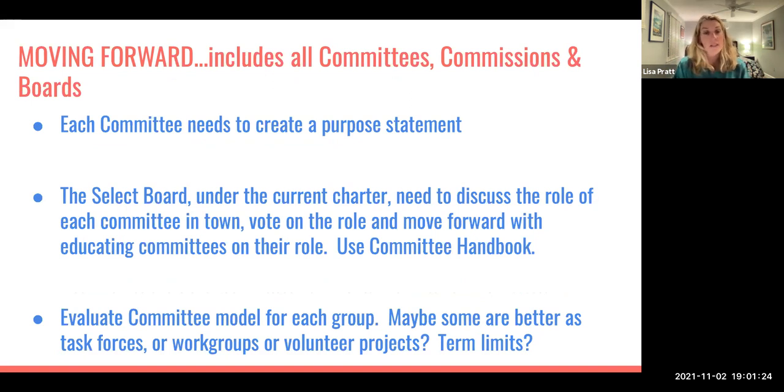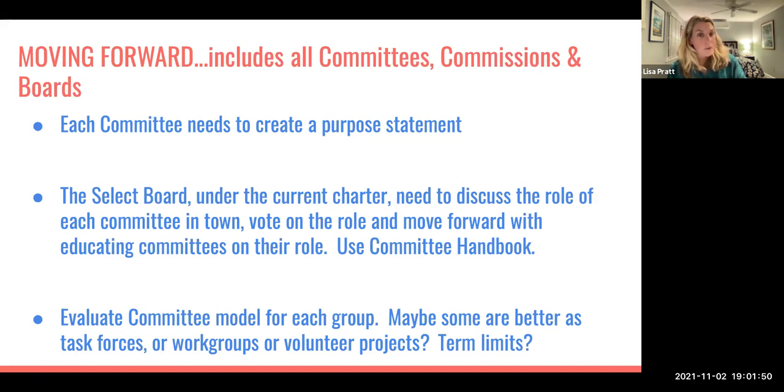Some have not, and I think that's really important. For people who want to be engaged in a committee, if they look at the website and there's no purpose statement, they don't know what that committee is about. I think it also allows the select board and town staff to keep an eye on that committee and make sure they're following that purpose.